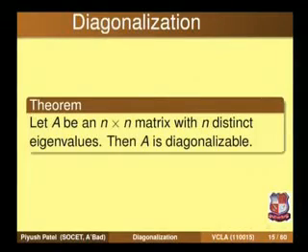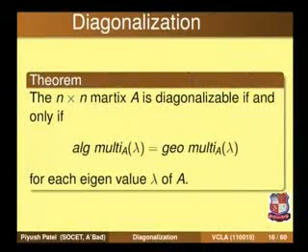So what about a matrix which has repeated eigenvalues? In the case when the matrix has repeated eigenvalues, but the algebraic multiplicity is the same as the geometric multiplicity for each of the eigenvalues, in that case it has a full set of linearly independent eigenvectors, that is, a total of n linearly independent eigenvectors, so the matrix is diagonalizable.